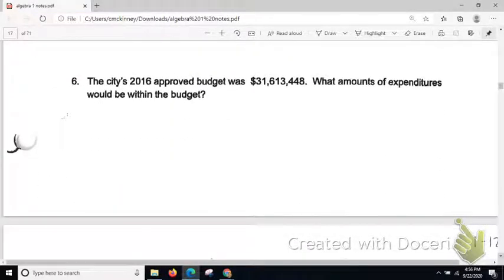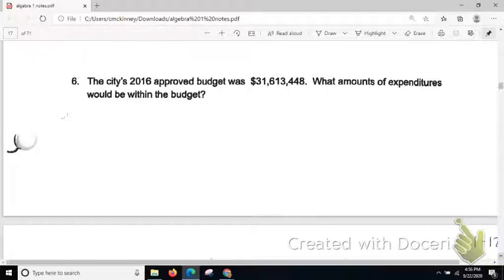And then it could have really big numbers. This is actually for Anderson. I looked this up online. The 2016 approved budget was $31,613,448. So the amounts of expenditures that would be within the budget, well, if they spent $1, sure. If they spent $31 million, yep.